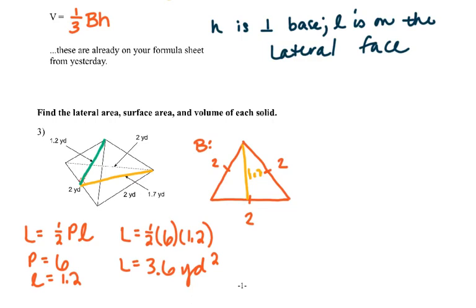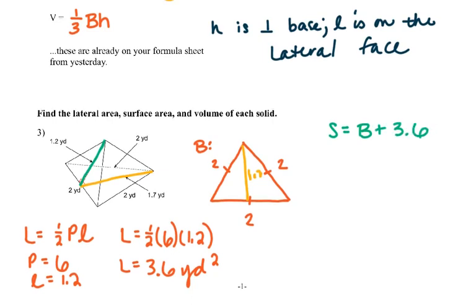Now, for our surface area, we just need to do the area of the base plus our lateral area. Our lateral area was 3.6. And to find the area of the base, our base is a triangle. So we're going to do the area of a triangle, which is 1/2 base times height. And remember, we're talking about the base and the altitude of that triangle. So our triangle has a side length of 2, and its altitude is 1.7. That was given.